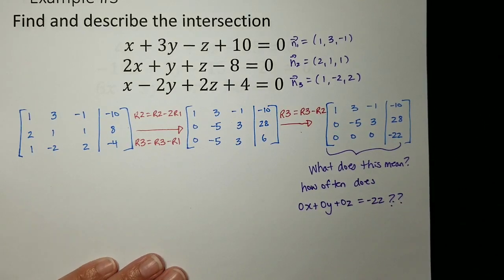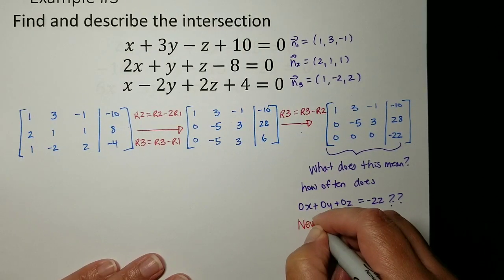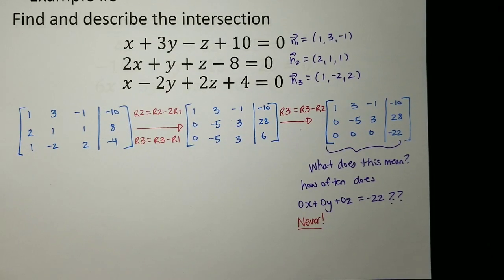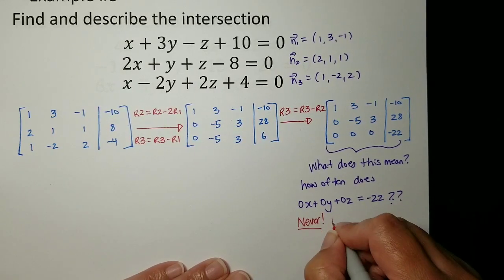Does that ever happen? It doesn't. So never, no intersections. Unlike the other one where 0x plus 0y plus 0z always equals 0, there's infinite points where that's true. This is never true.